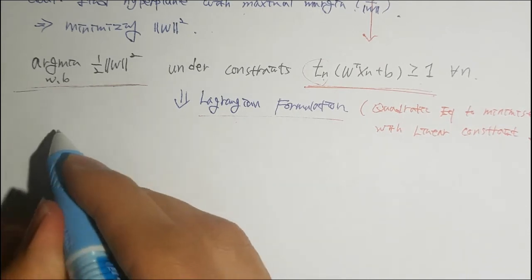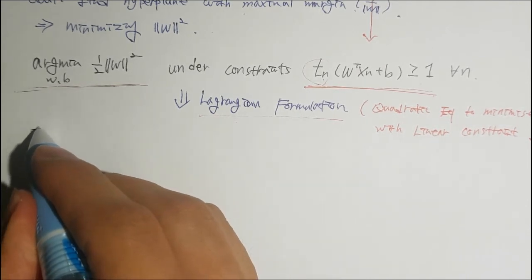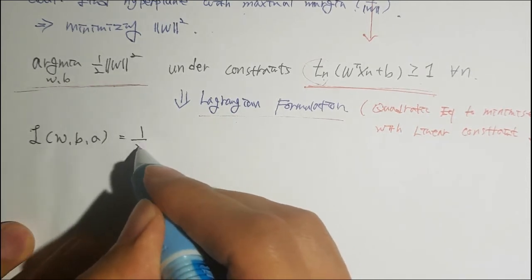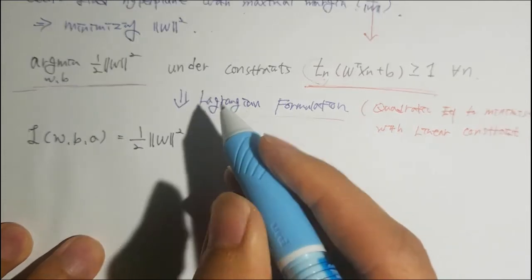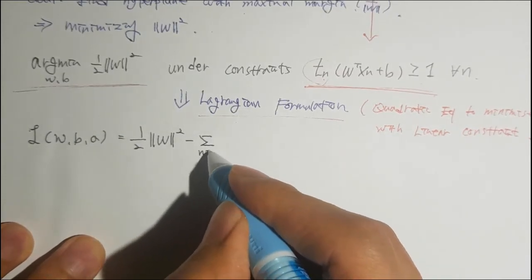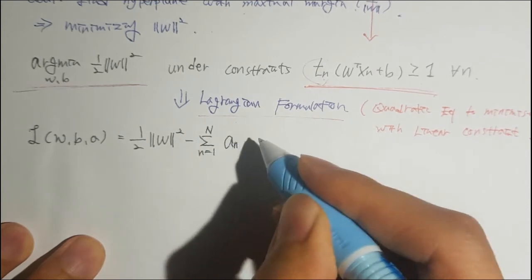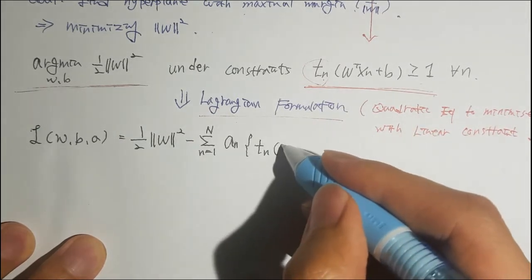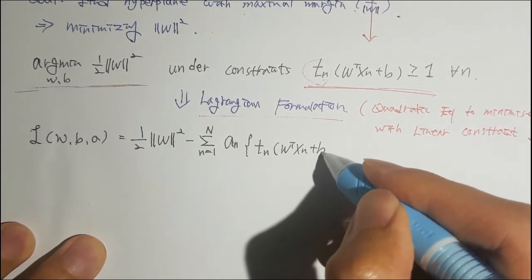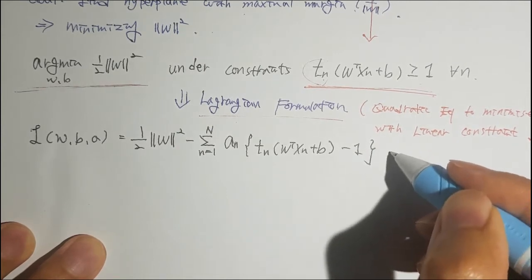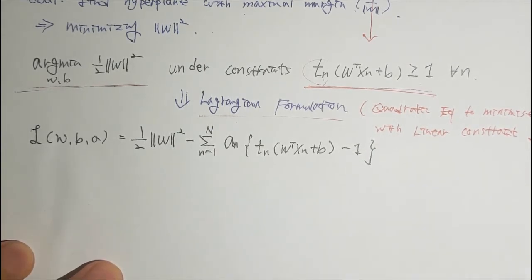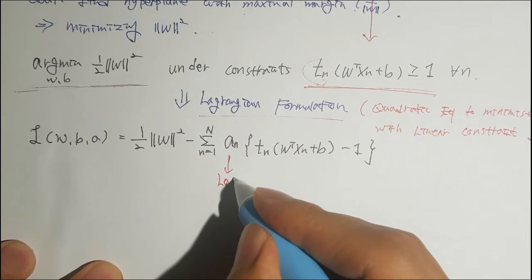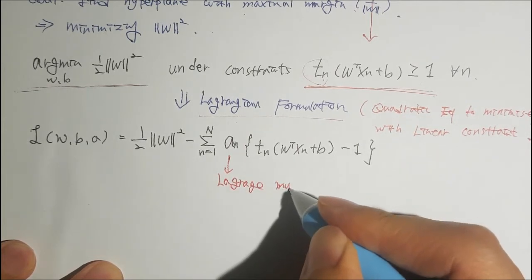The equation will be rewritten as this. It is the Lagrangian equation, and we call this the Lagrange multiplier.